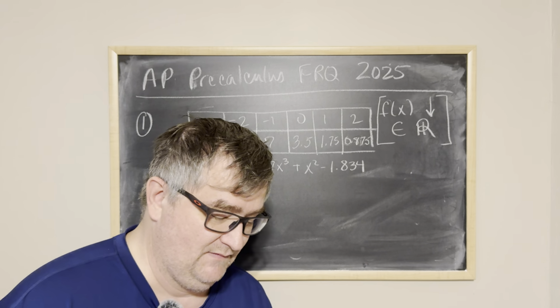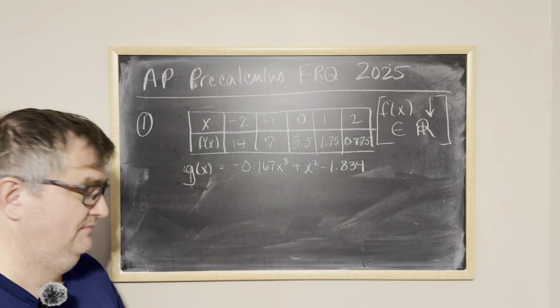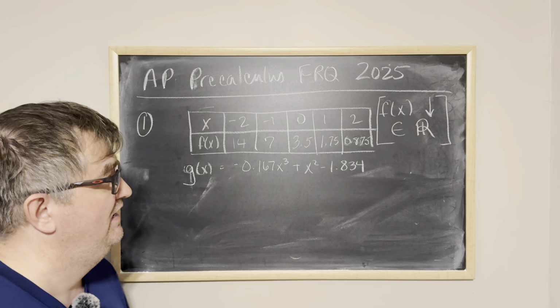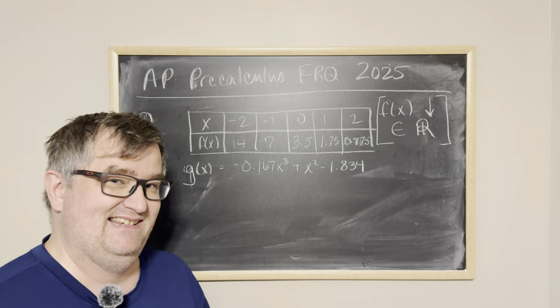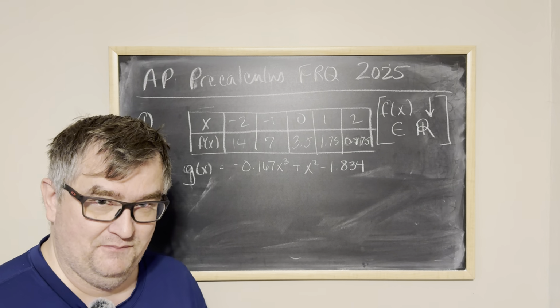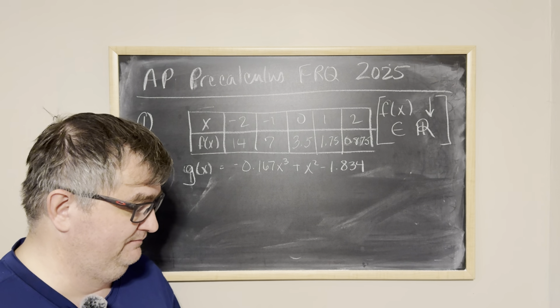However, question A is pure Algebra 2. And I really wonder why we're having it. And what it tells me is students are not grasping function well enough. So question A is you have a composition.